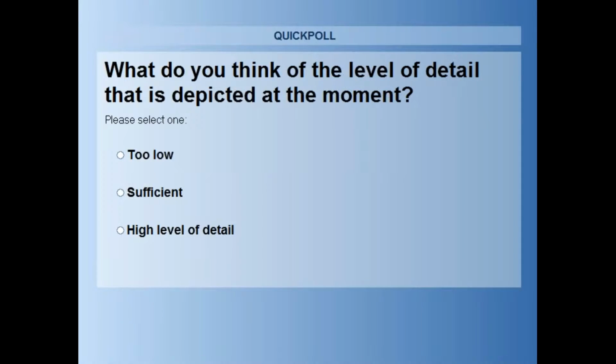So the first poll is, what do you think of the level of detail that is depicted at the moment on the Smart Cities Information website? Is it too low? Is it sufficient? Or is it a high level of detail?